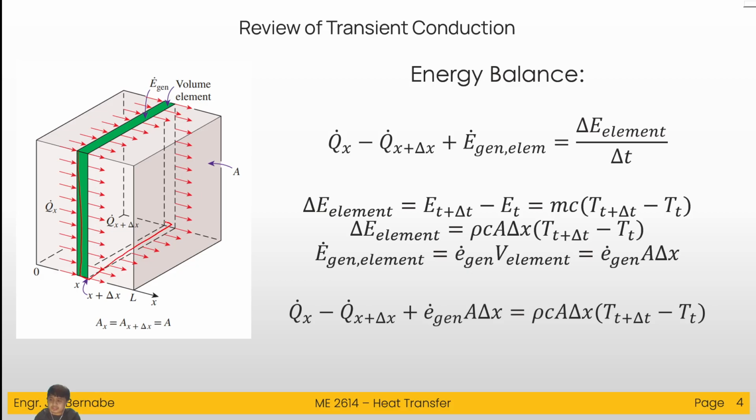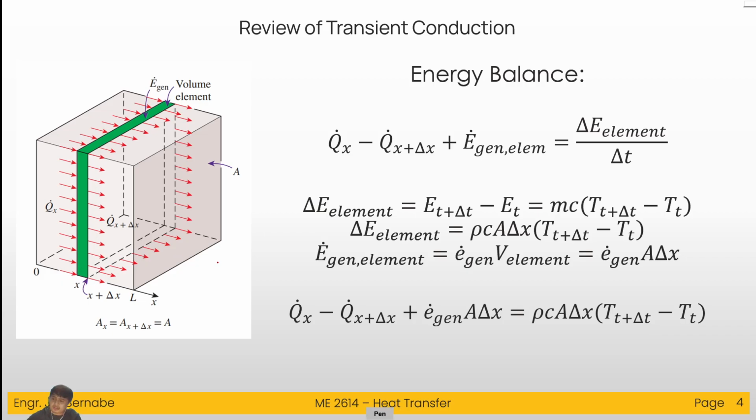This is a three-dimensional plate, so it has a volume. And we can imagine that volume is just the cross-sectional area multiplied by its thickness, which is delta x.